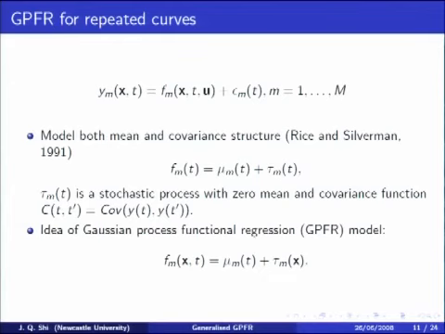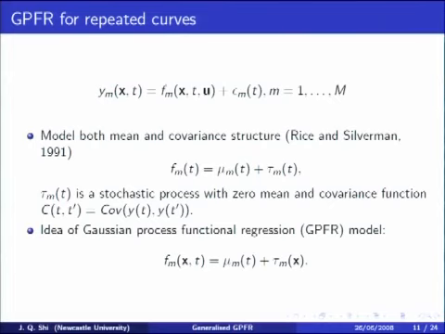Since we found that if we just replace this tau mt by this tau mx, this model can be used to model the regression relationship between this y and this set of functional covariates. Now, why do we replace this tau mt by this one?